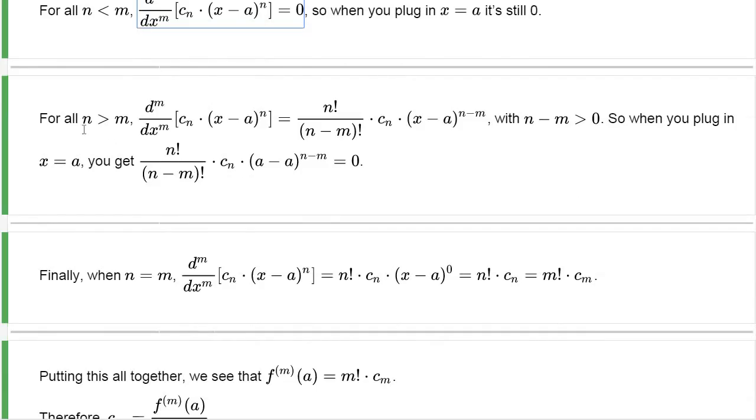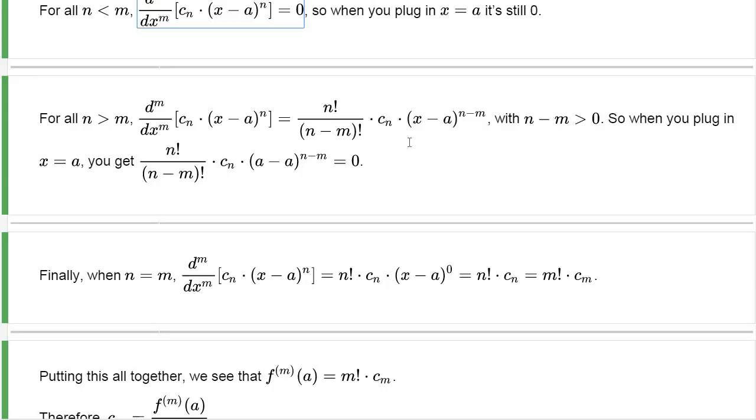If n is bigger than m, then the derivative will not kill off that power. Each time you take the derivative, the power will get reduced by 1. So you take the derivative m times, you'll get n minus m. And since n is bigger than m, this is positive, so there's still some x minus a here. Now there's this coefficient you get when you do the power rule, you keep taking down the power.